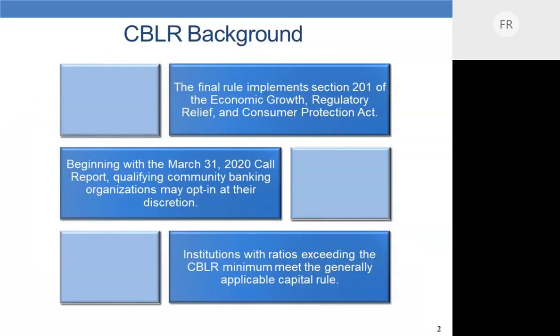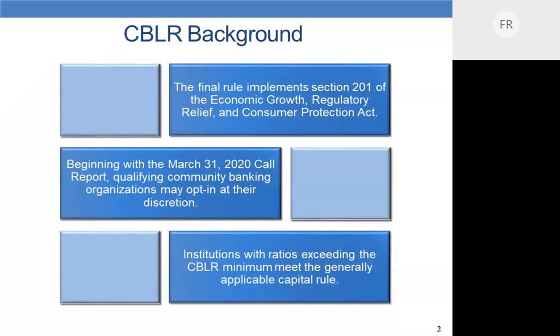And now turning to slide 2. The interagency final rule that we are discussing today amends the agency's regulatory capital rule to provide for a simple measure of capital adequacy for certain community banking organizations in accordance with Section 201 of the Economic Growth, Regulatory Relief, and Consumer Protection Act.